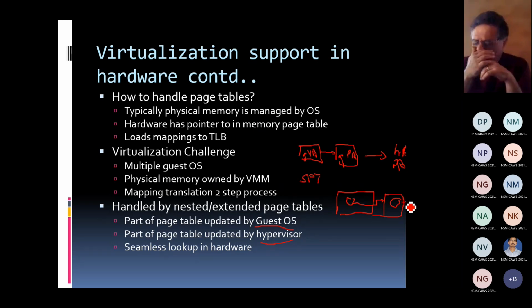Now, in the earlier case, when you have to do it completely in software, you have to do a hack to enter the physical address here using the shadow page table concept. But when hardware became capable of doing this, you could use what is called a nested or extended page table, where this part of the page table is owned by the guest OS, and this part is owned by the VMM.